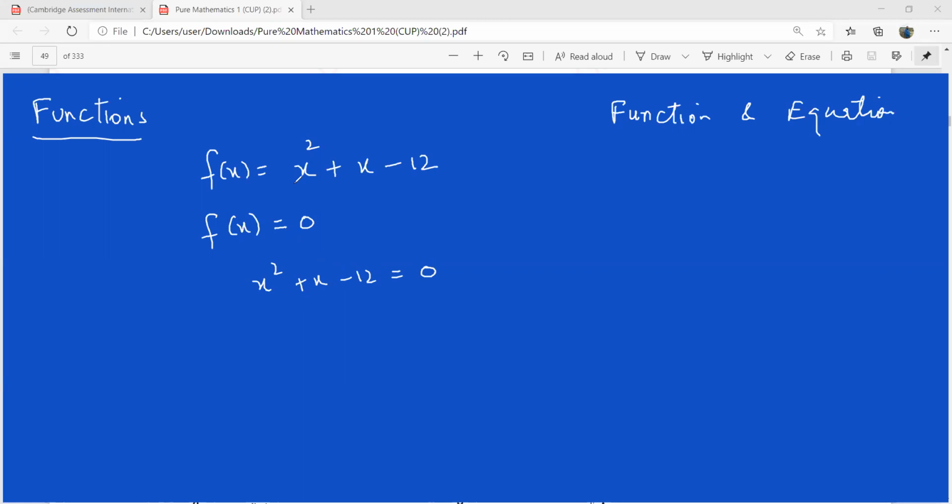Secondly, a function cannot exist until and unless you give its limits, you give its domain. If this is a quadratic function, then for what values of x are we going to study this? For what values of x is this defined?